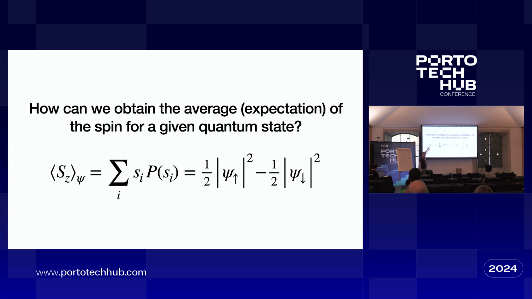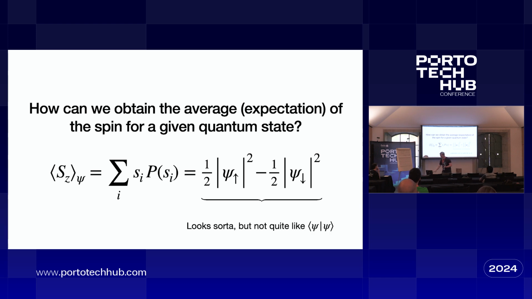This is the same thing as what I as a mathematician would write using an E. It's just a different notation, and there's a reason for it, which you'll see in a second. So I have the probability of up times plus h bar on 2, and the probability of down times negative h bar on 2.